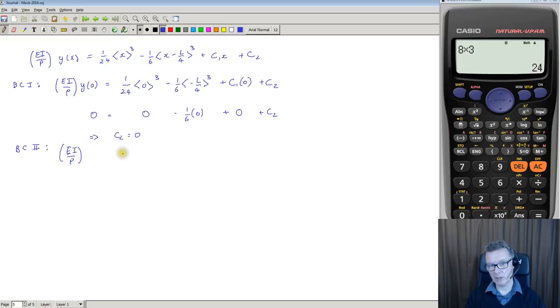And we are at the other end of the bar, so when x equals L, I'll substitute that in.